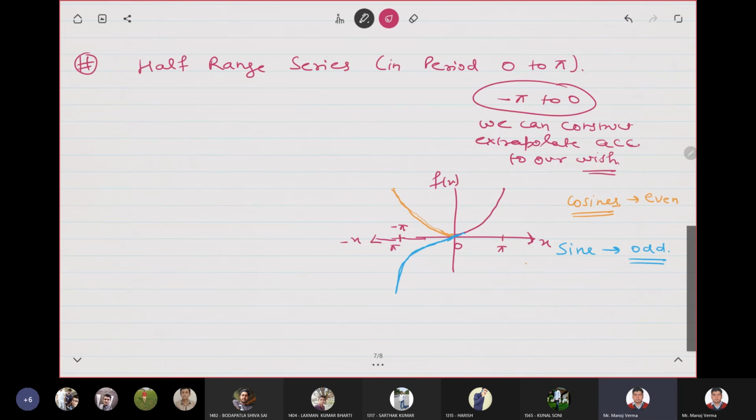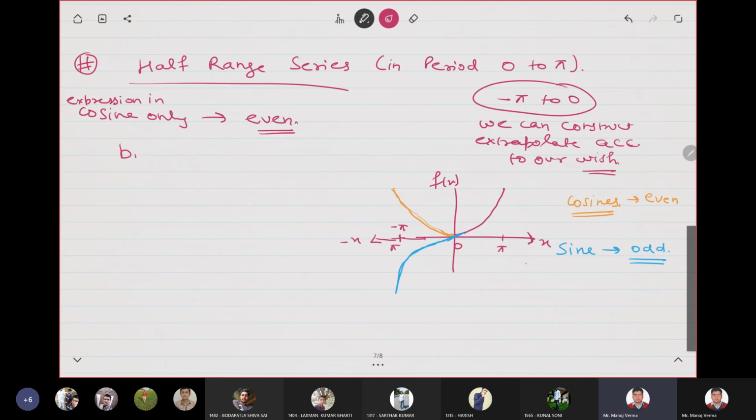Okay, so in half range series, if we wish to express our function in cosine only, I will write, for cosine only, the expression in cosine only will be obtained if we consider this function as an even function.